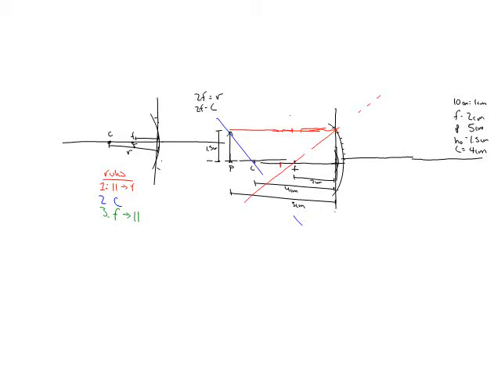Okay, so this one, we're going to line up the top of the object with F and draw till you hit the mirror. Stop when you hit the mirror. So the top of the object through F. Make sure these points line up.